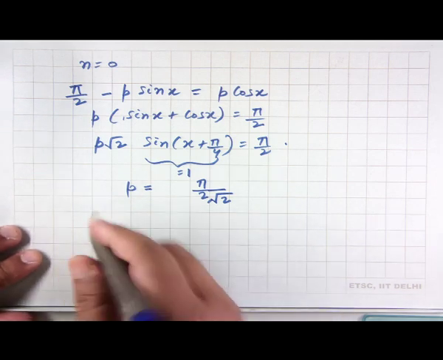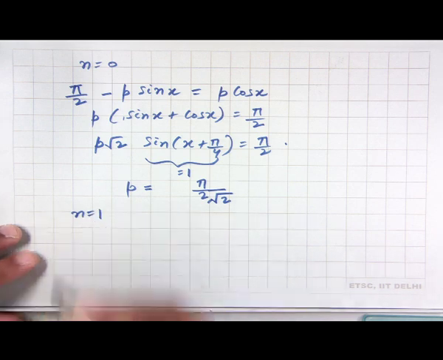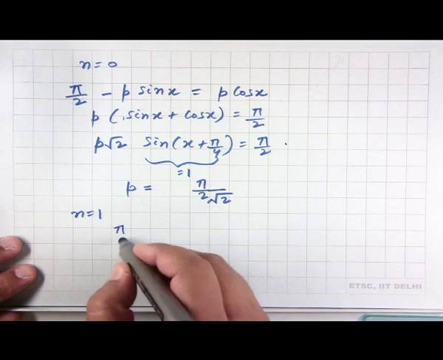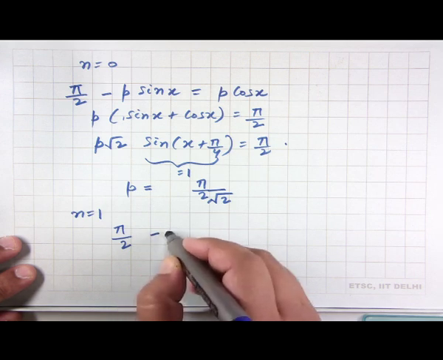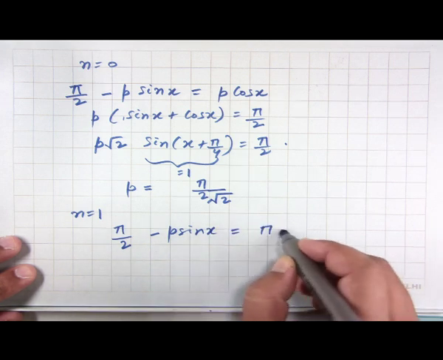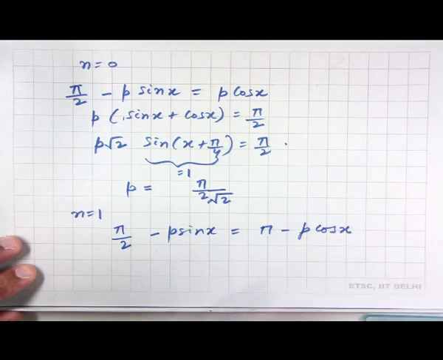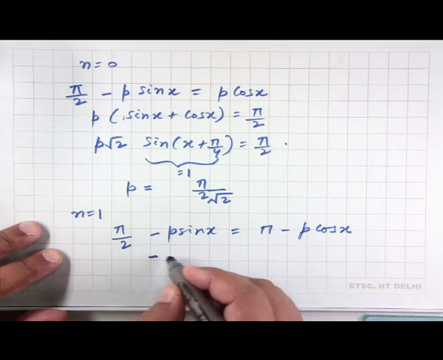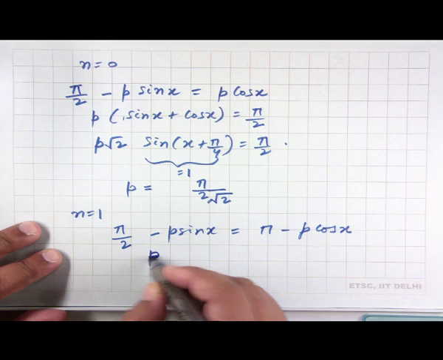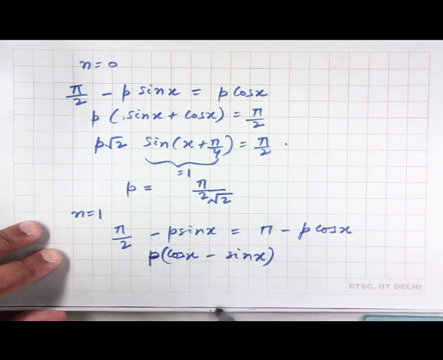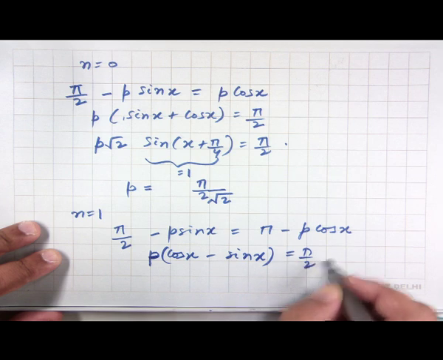We can try with n equal to 1. If we put n equal to 1, then we end up getting pi by 2 minus p sin x equals pi minus p cos x. If we rearrange this, we end up getting p times (cos x minus sin x) equal to pi over 2.